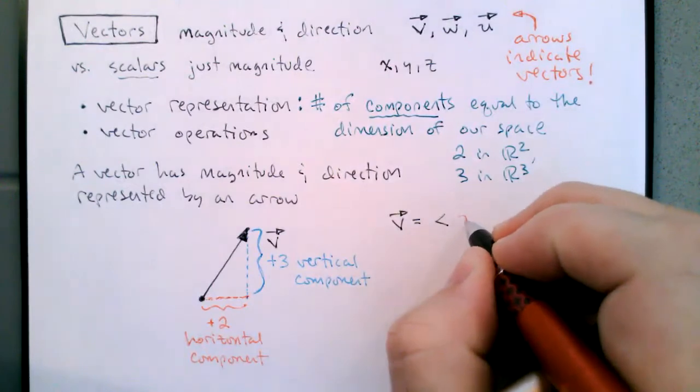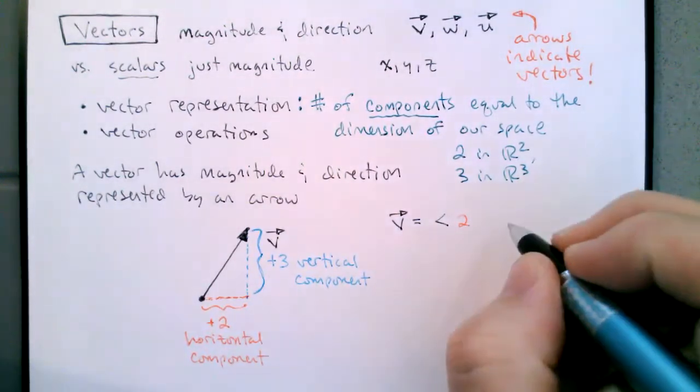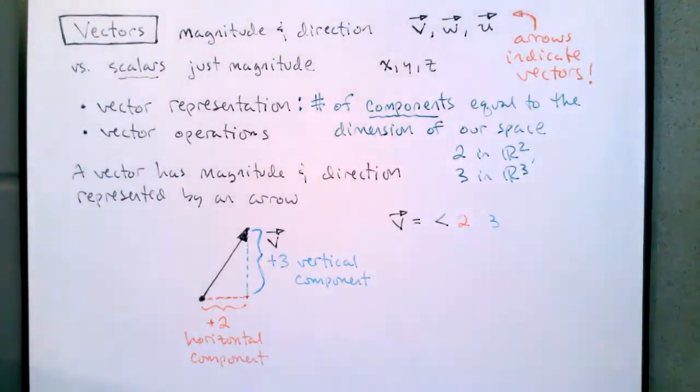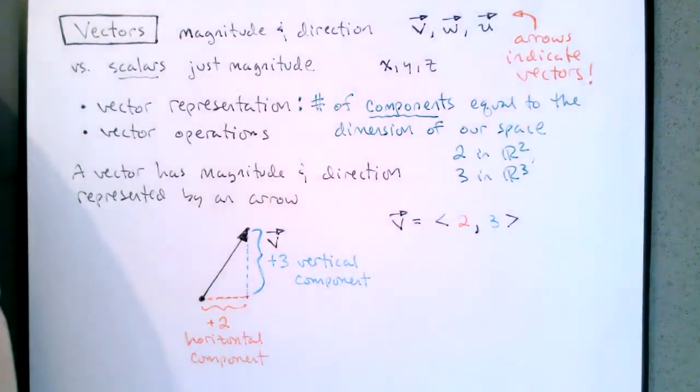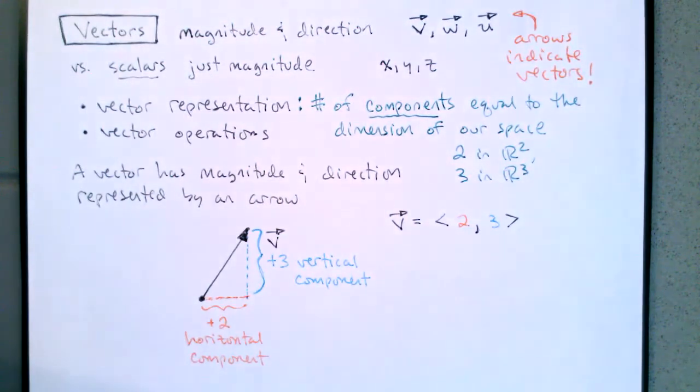So I'd say 2, 3. As usual, we list the horizontal component first. Right is usually positive and up is usually positive. So unless otherwise specified, that's the directions that we're going to go with.